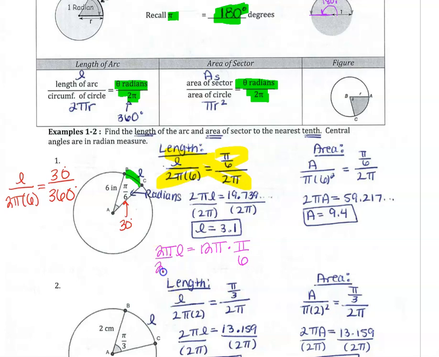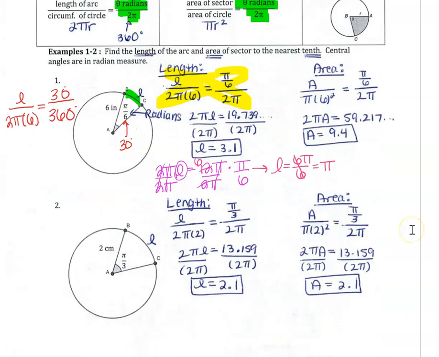Now, when you divide by 2 pi, in order to isolate L, you'll notice that the pi's will drop out, and 12 divided by 2 is 6. So when you multiply across the top and the bottom, we end up with L equals 6 pi over 6, which also reduces to pi, and that is technically your length in exact answer, which makes sense because we got like 3.141592. So just a heads up in case I ask for exact answers.